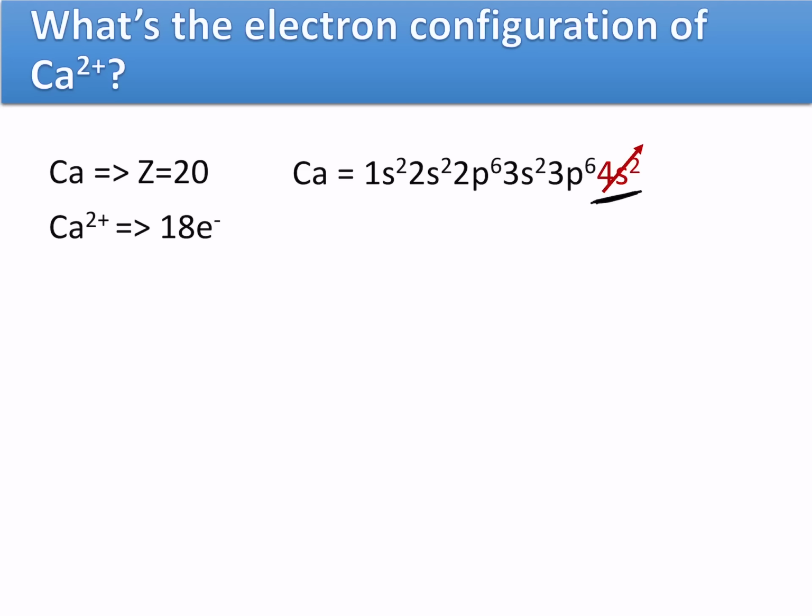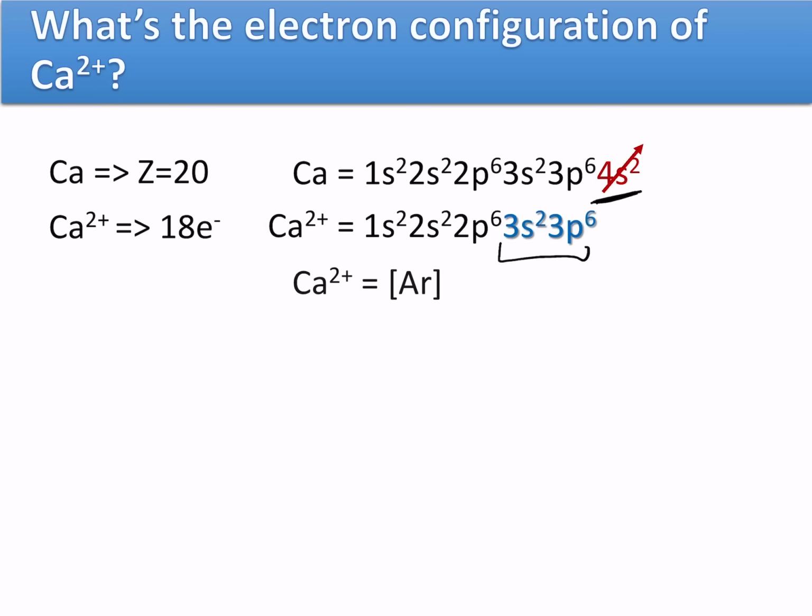Okay? Now, if you write the shorthand notation here, with those 2 electrons gone, there is no more 4th layer of electrons there. Now you go down to the 3rd, and in this 3rd layer you have 8 electrons.